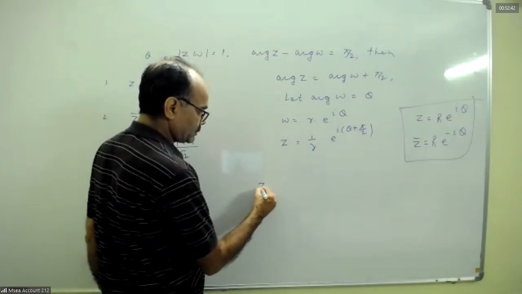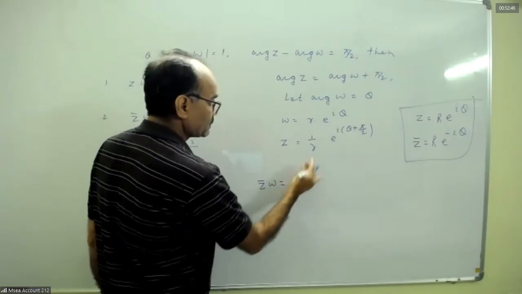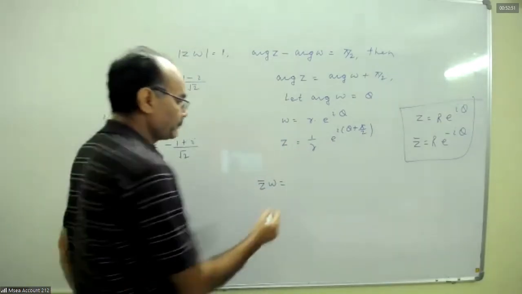Now Z conjugate W equals Z conjugate, whose magnitude remains the same.